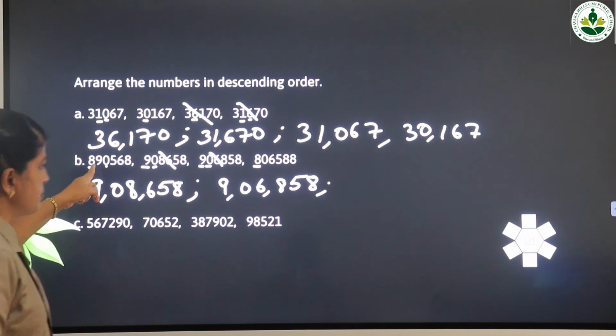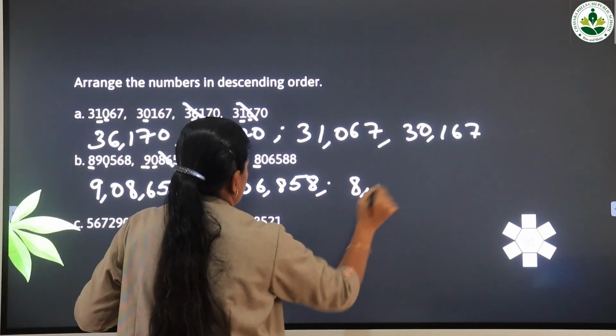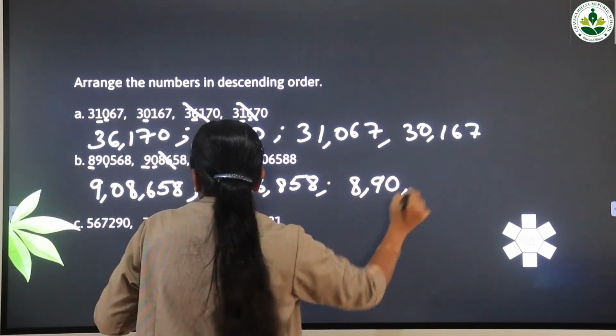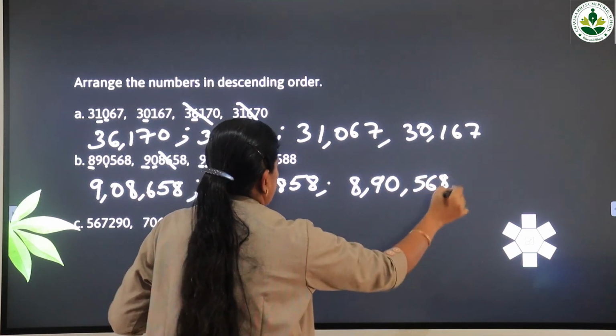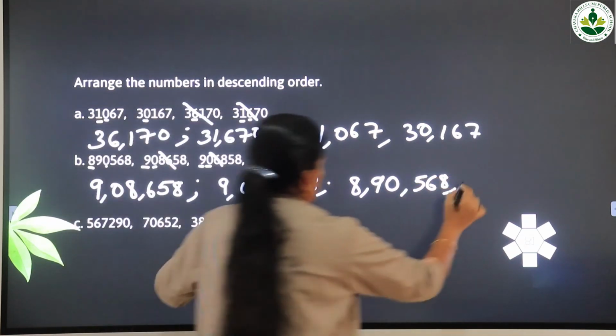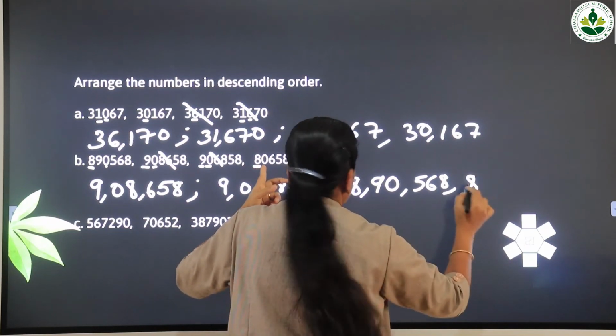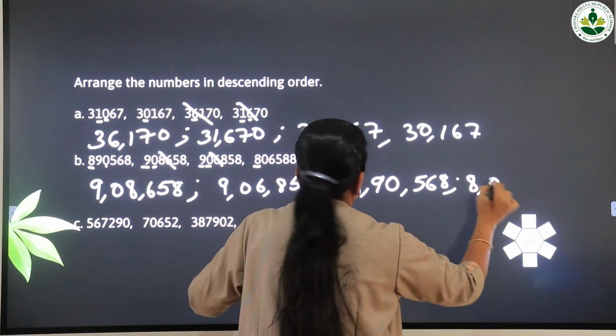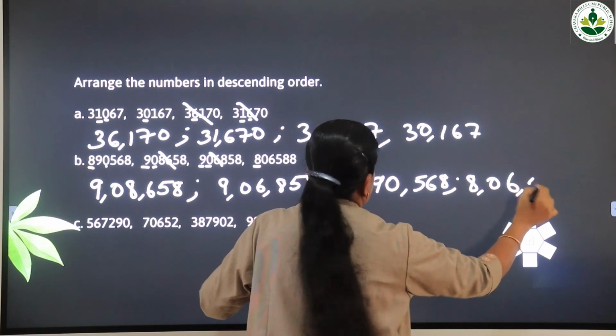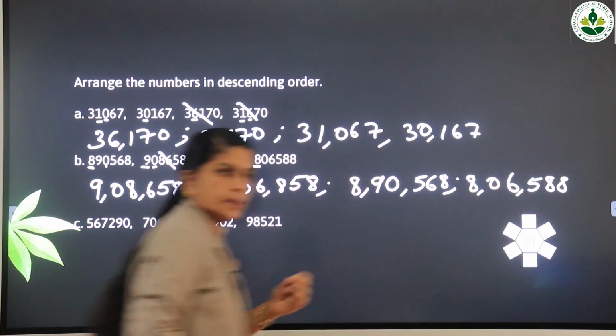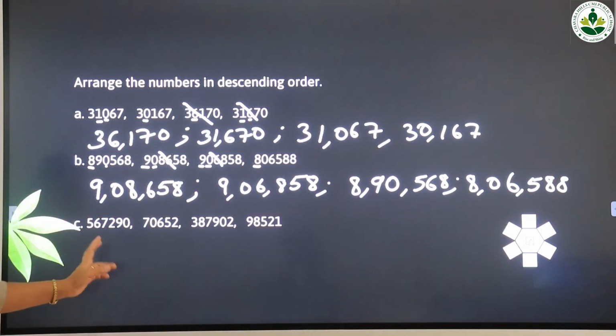Because this 9 is bigger, therefore write down that first. 8,90,568. And this is the last number and that's the smallest one, 8,06,588.